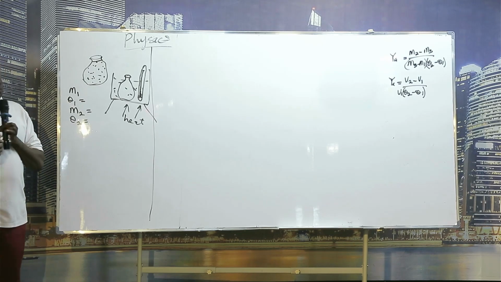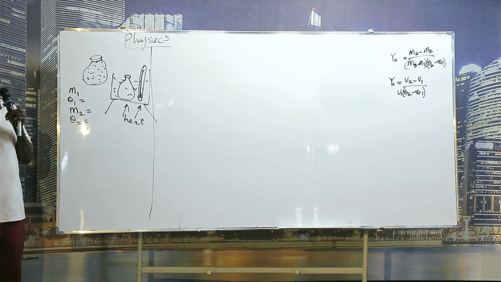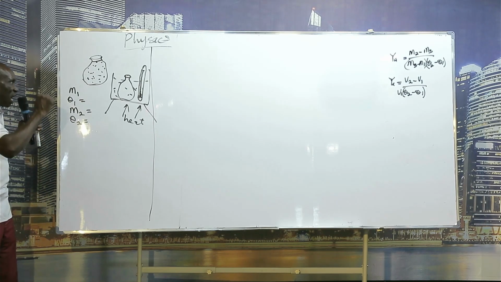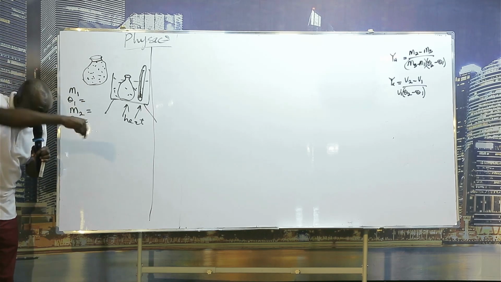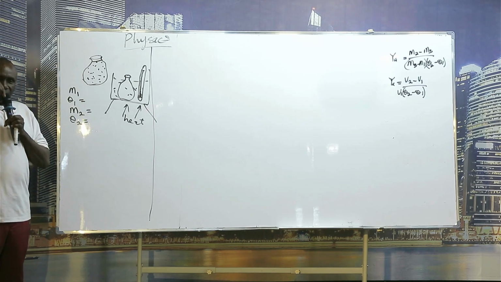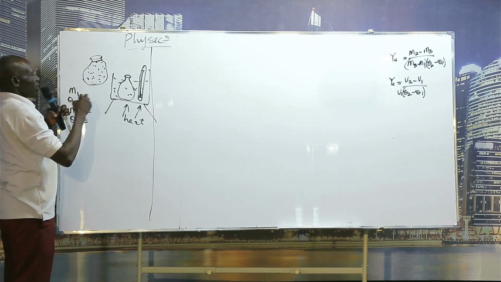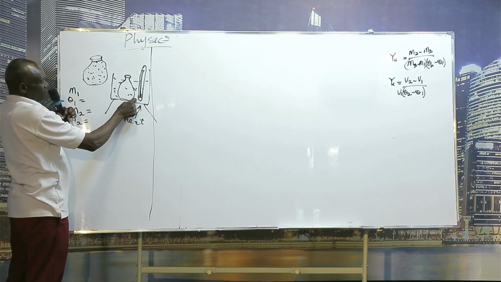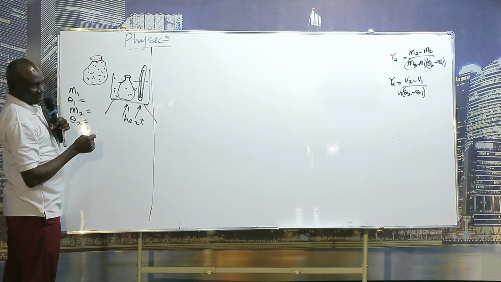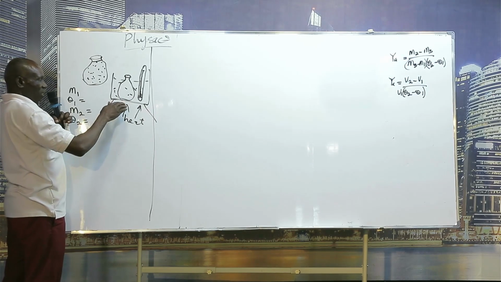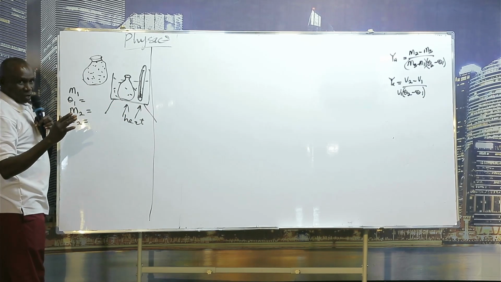At the point where you obtain the final temperature, you remove this bottle. As you heat this water, the bottle is heated. You know why you refuse to place it on top of the fire directly? Because it will break.